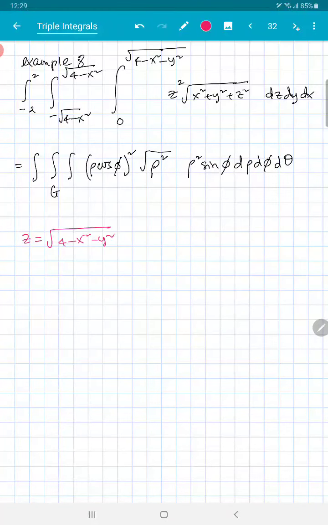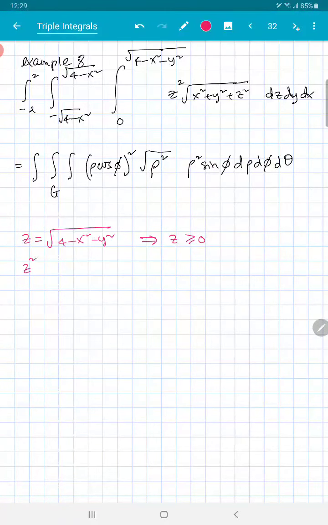Now when you look at this equation, we know that z is larger than or equal to 0 because the root given here is a positive root, no negative there. If you can't tell the shape of the surface yet, let's do some manipulation by getting rid of the square root. To do that, we square both sides.